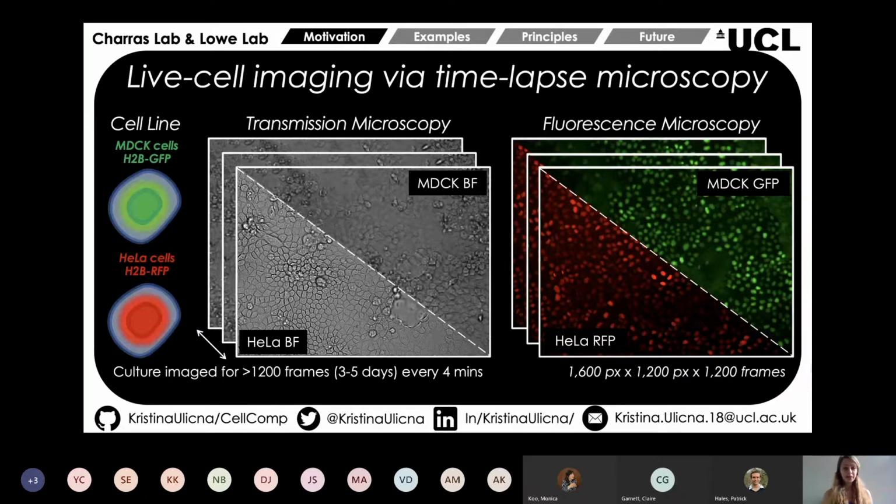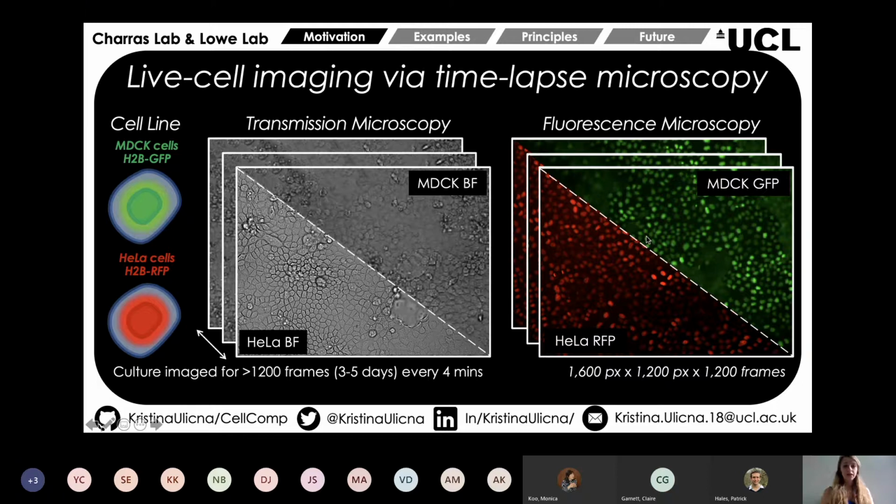I am particularly interested in 2 types of cell lines. One of them is of non-cancerous origin, the green one, the MDCK cells. The other, of cancerous origin, is the HeLa cells. Here on your left-hand side, you can see a representation of a transmission image, which captures how the cells look under bright light.